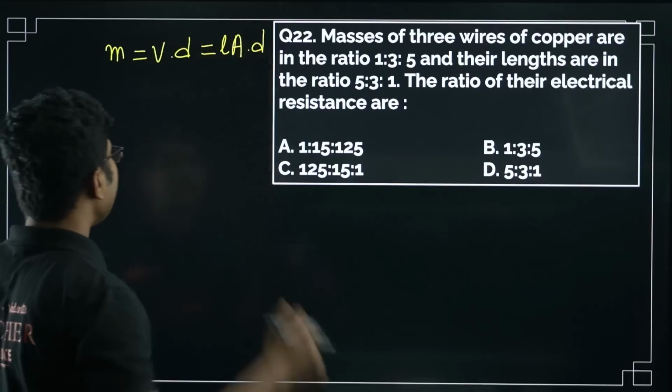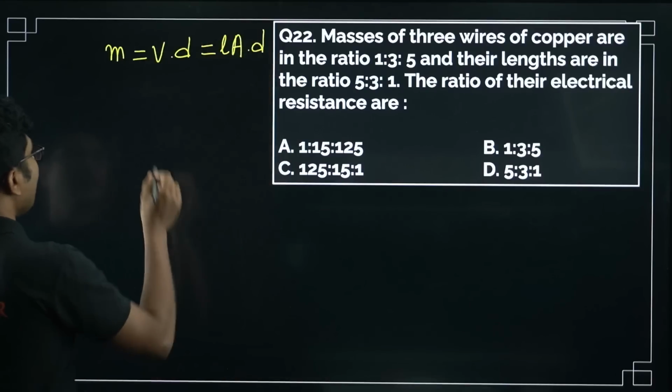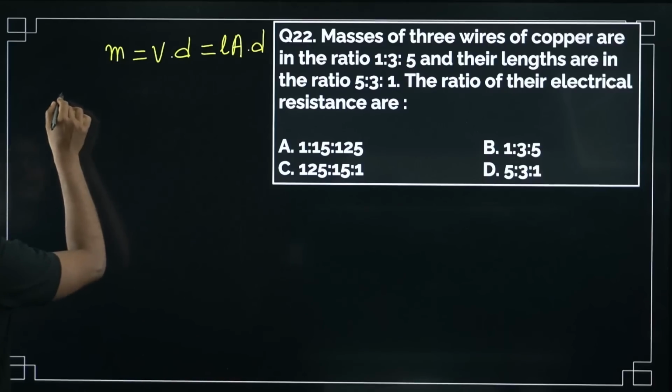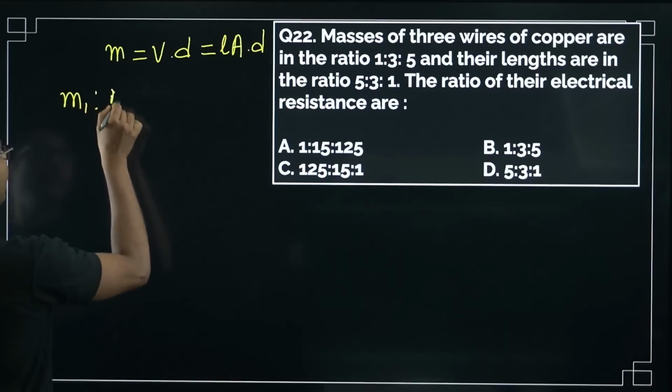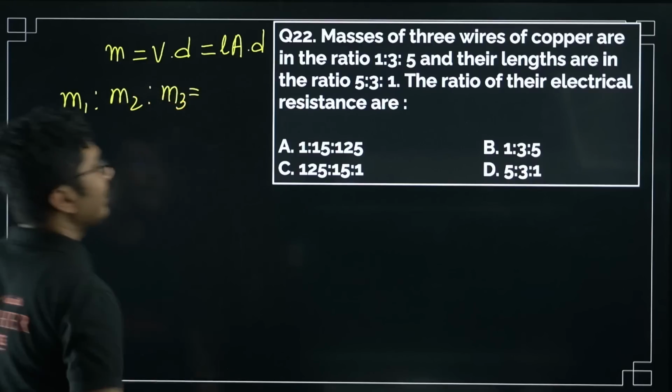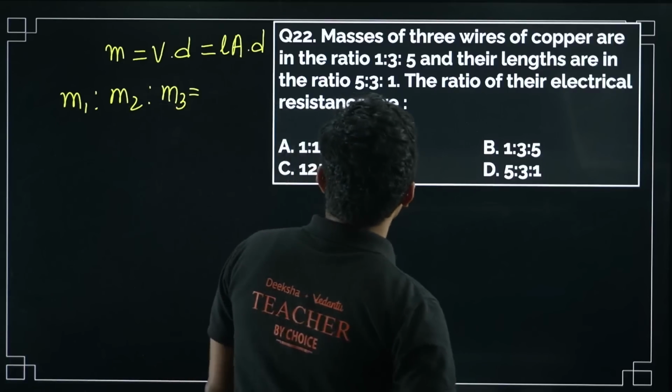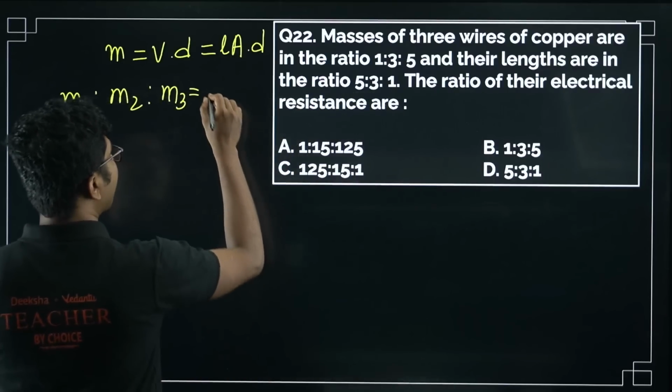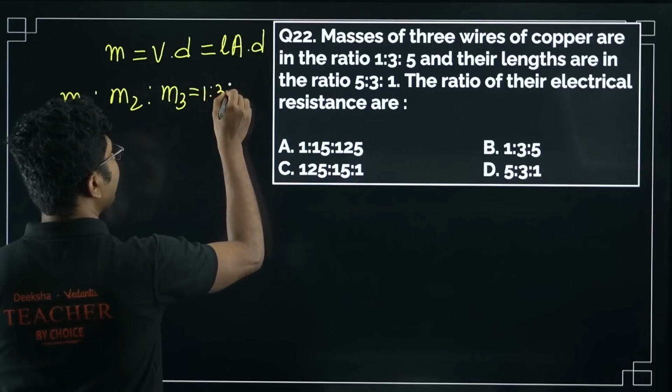Now in the question it is mentioned that the ratio of masses M1 is to M2 is to M3 is given as 1:3:5.